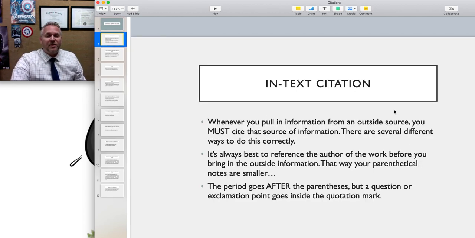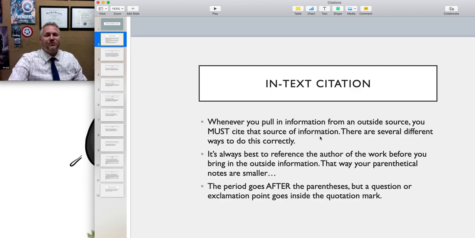So for in-text citation, these parenthetical notes, the stuff inside the parentheses, whenever you pull in information from an outside source, you must cite that source of information. And there are several different ways to do this correctly. If you could do it one way throughout and make it consistent, the thing that I would tell you to do is to always put the author of the information next to the title so that you can just tell us where you got it from.